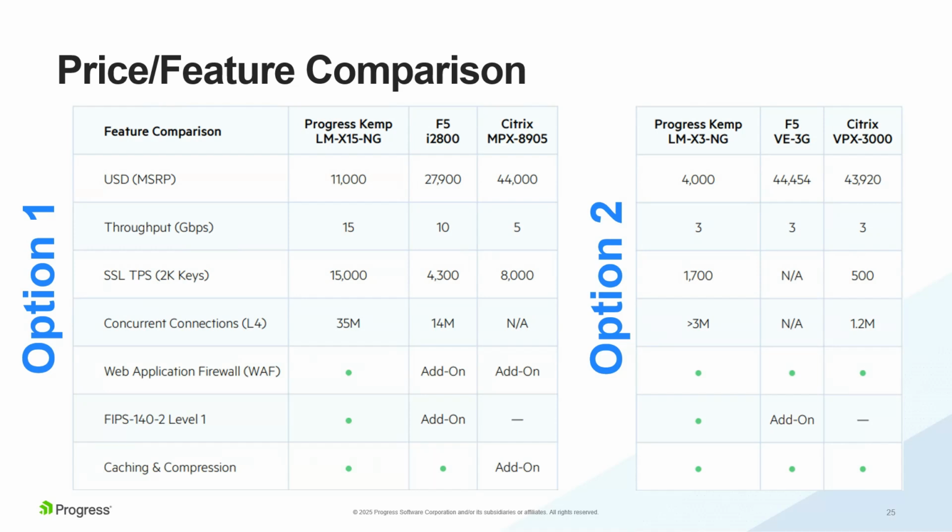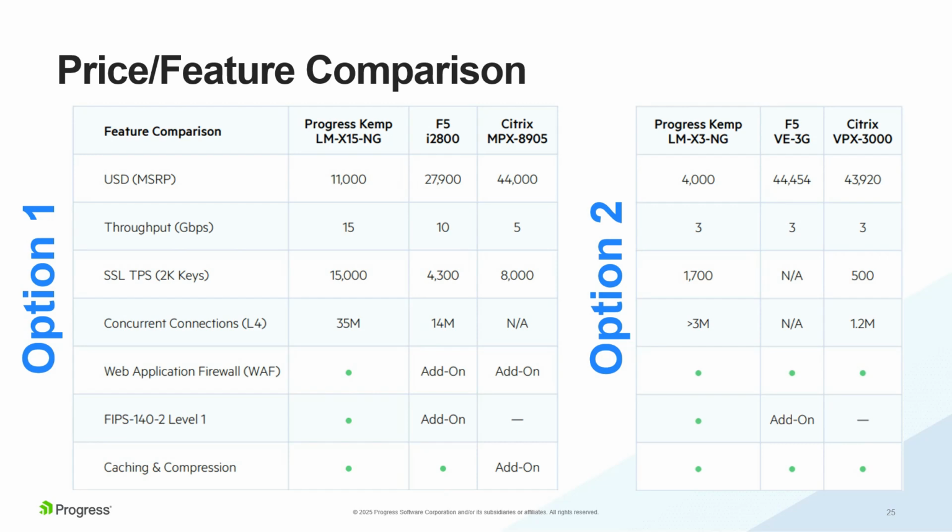You can clearly see that the Progress Kemp LoadMaster costs a nominal $11,000 and supports 15 gigabit a second of throughput. The F5 load balancer costs approximately $28,000, more than double, and only supports 10 gig of throughput, a third less.